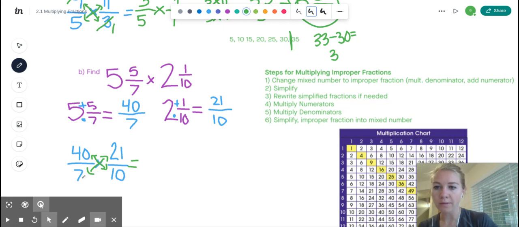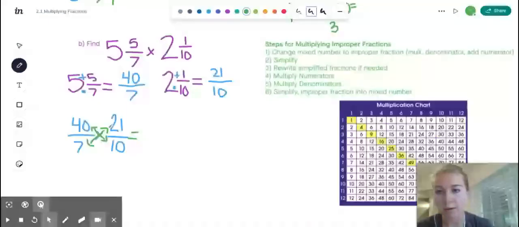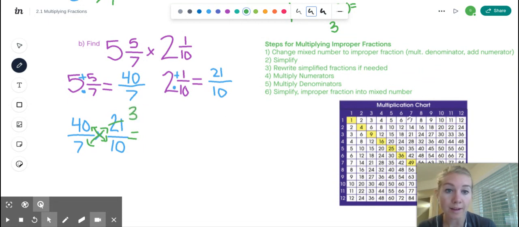Okay, 7 and 21. Let's look at our 7s here. 21 is a multiple of 7. Let's count how many. 1, 2, 3. 7 goes into 21, 3 times. So our 21 turns into a 3. And 7 goes into 7 once. So my 7 turns into a 1.